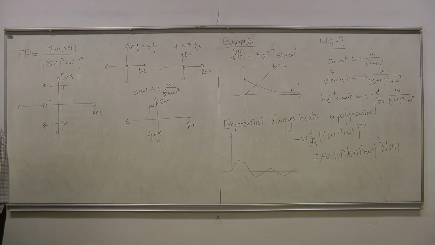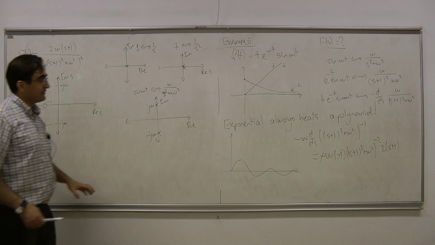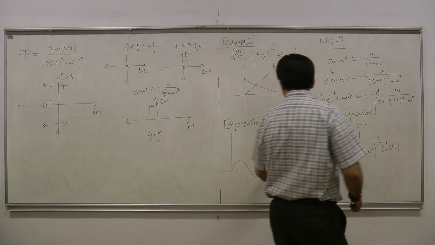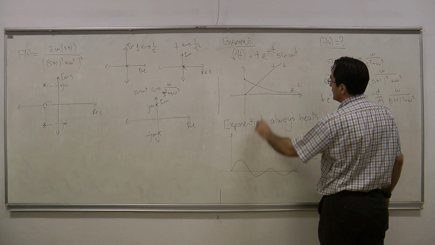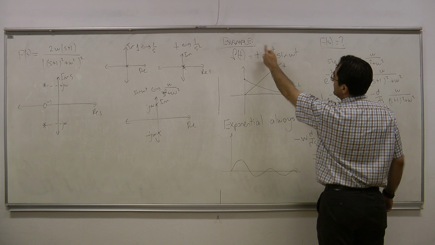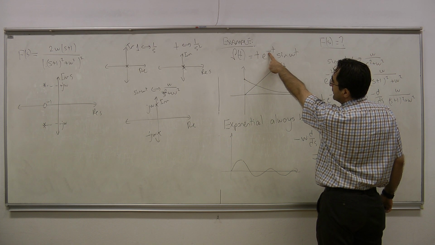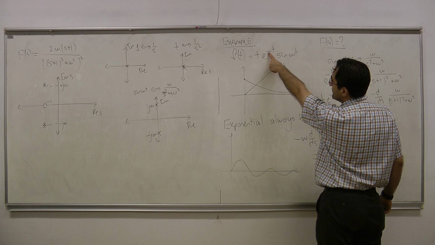So here, what can I say about these pole locations? Their real part is negative. Their real part being negative, what does it mean? It means that this function is going to be decaying towards 0, because this minus 1 is coming from the minus 1 coefficient here.